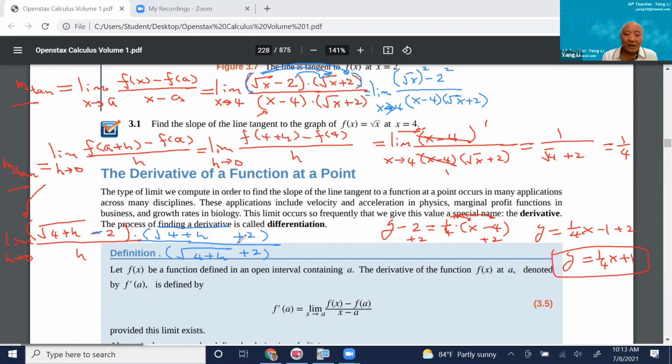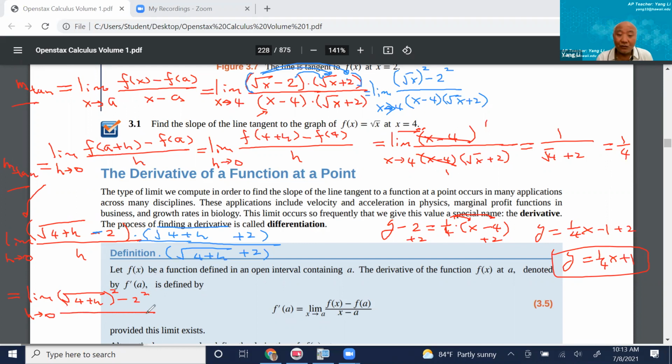Now, when you get this one, this is a minus b times a plus b. You can directly get what? The limit as h approaches 0. A squared will be the square root of 4 plus h, squared, minus b squared, which is 2 squared. I'm directly using the difference of squares, right?